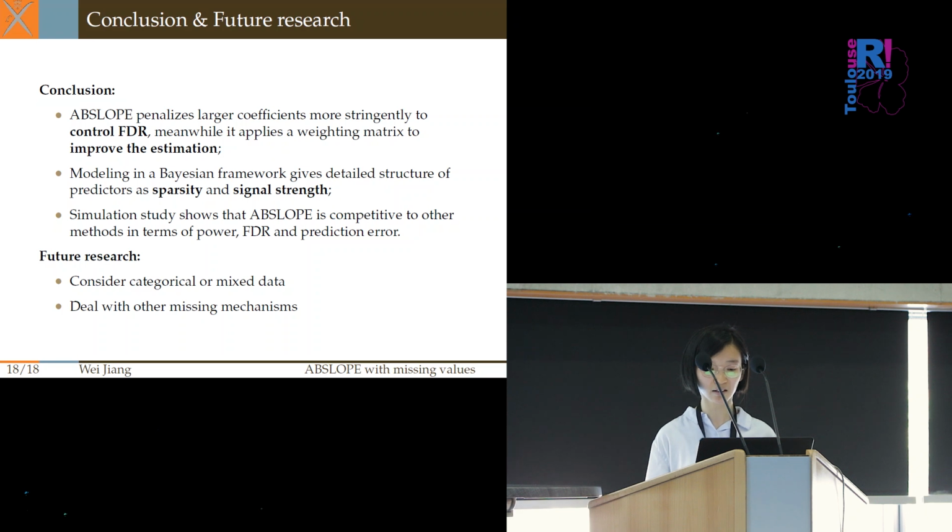Our simulation study shows that AB-SLOPE is competitive with other methods in terms of power, FDR, and also prediction error. For future research, we want to consider how to deal with categorical or mixed data and also other missing mechanisms. Thank you very much for your attention.